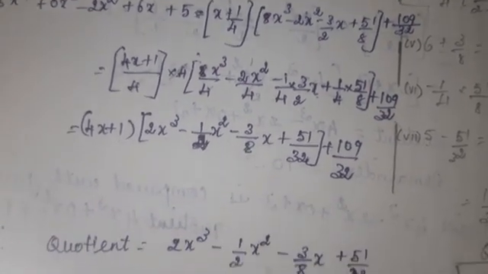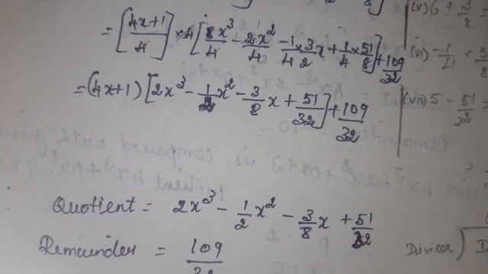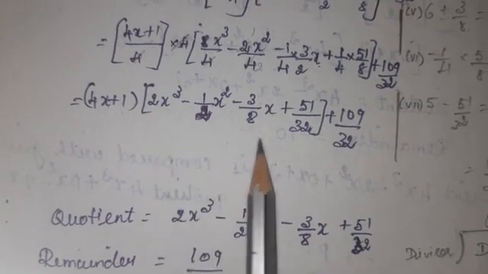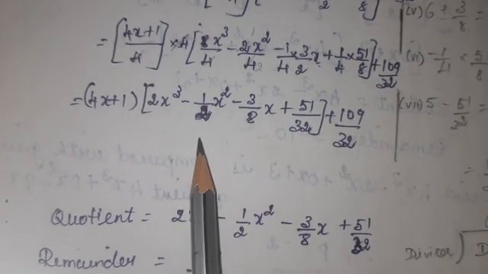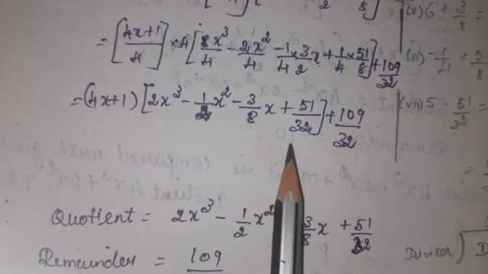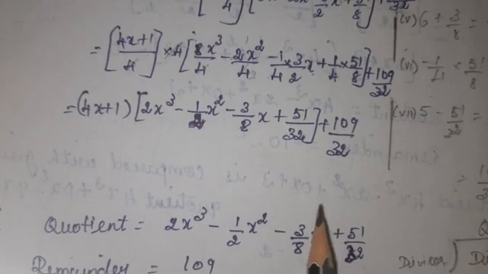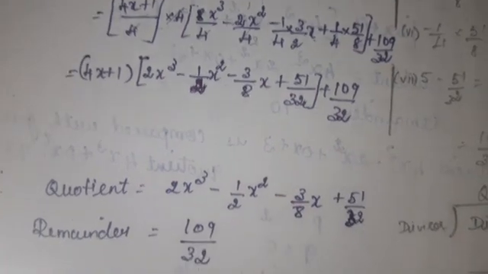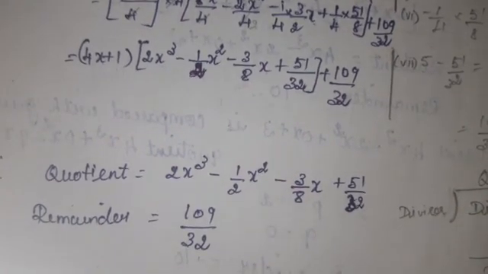Then our question is asking what is the quotient and remainder. The quotient is this part, that is 2x cube minus 1 by 2x square minus 3 by 8x plus 51 by 32. That is the quotient. The remainder is 109 by 32.